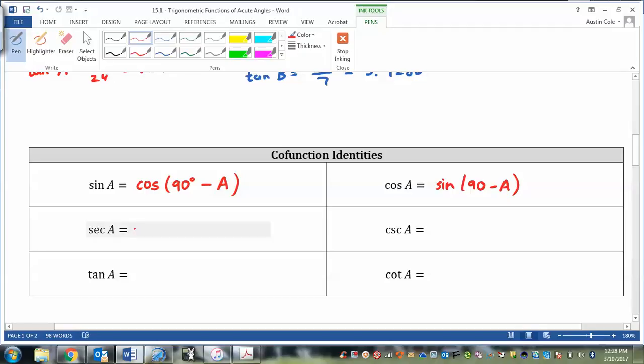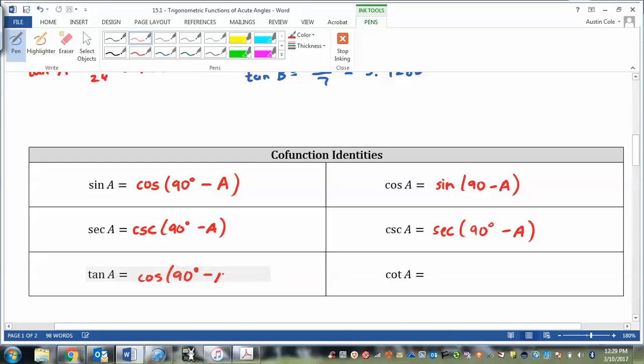So secant of A is going to be cosecant of 90 degrees minus A. And cosecant is going to be secant of 90 degrees minus A. And lastly, tangent is going to be cotangent of 90 degrees minus A. So cotangent of A equals cosine of 90 minus A. And cotangent, my fault, is going to equal tangent of 90 minus A.